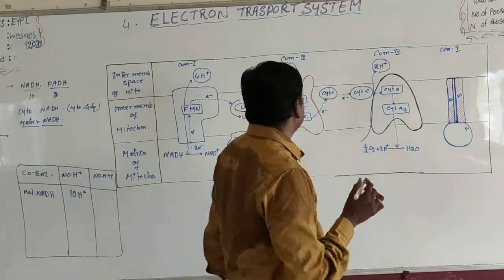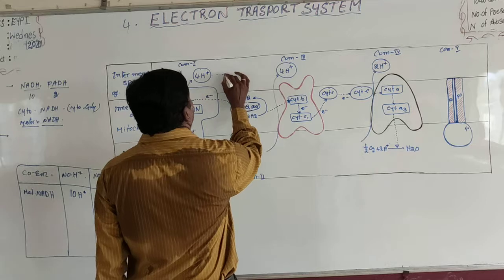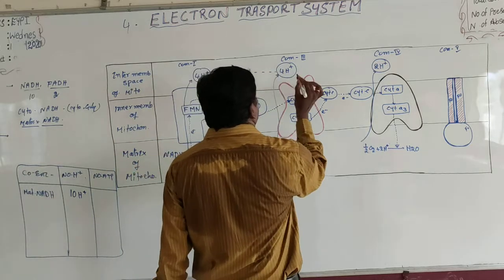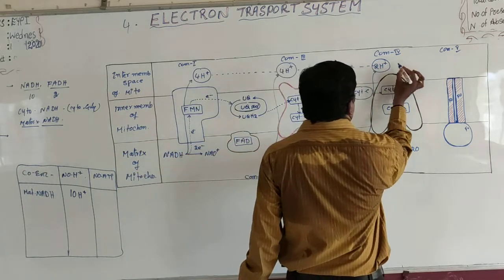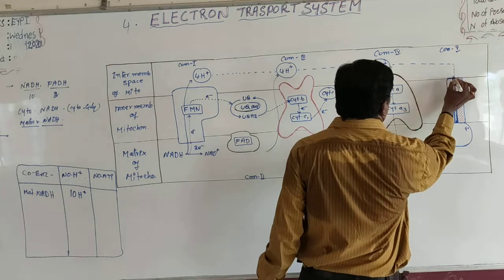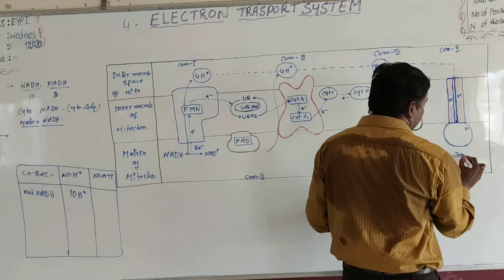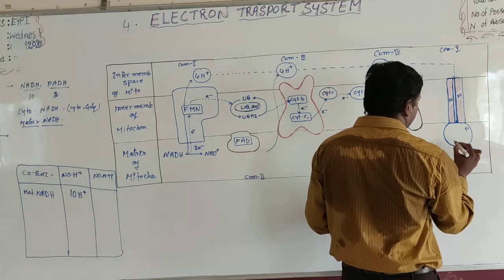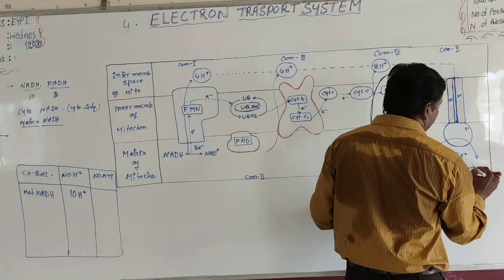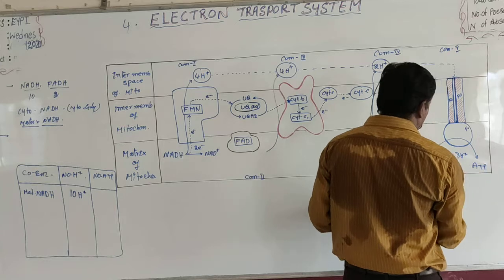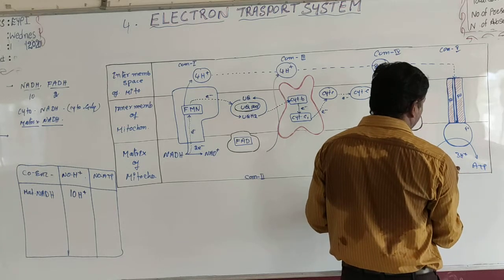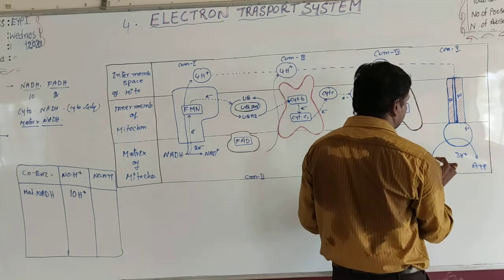And all these H plus move into the matrix. Every 3 H plus is for one molecule of ADP plus inorganic phosphate.